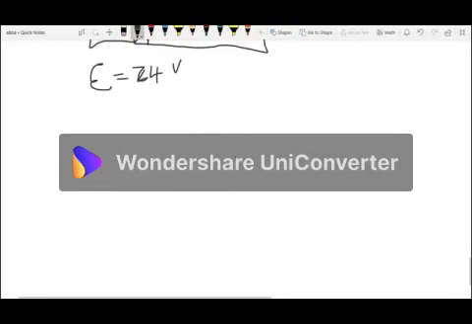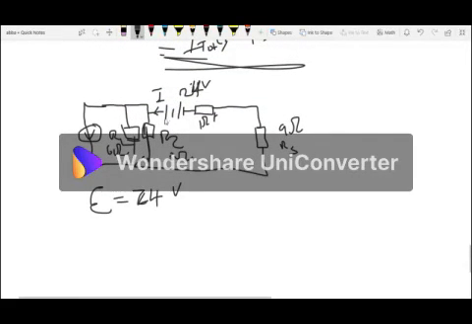Now to determine the current in the circuit, we can try to find the effective resistance of the external circuit, right? Remember, if we are to draw this in such a way that we can understand, this is how we can represent it. You're going to have your internal resistance here, then your other resistance here.